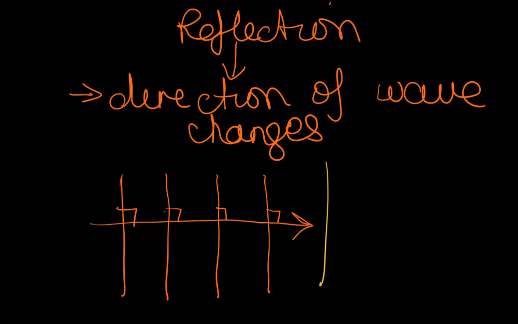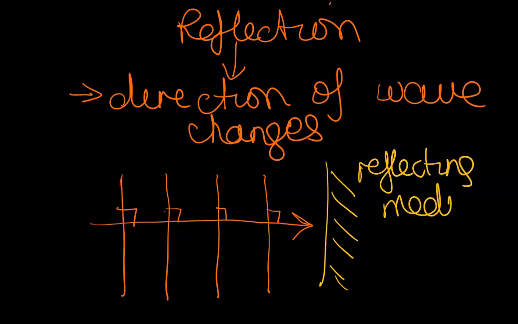So here, if I let this line be the reflecting medium, what happens is that as it encounters the reflecting medium, the only thing that changes is the direction. So the shape of the wavefront, the wavelength, everything remains the same.